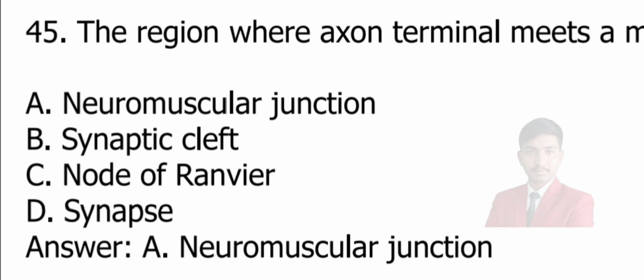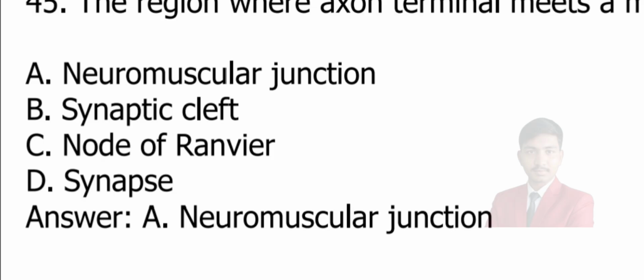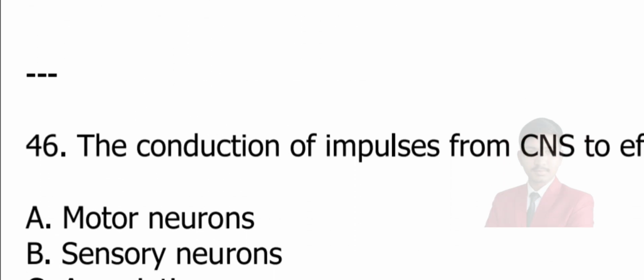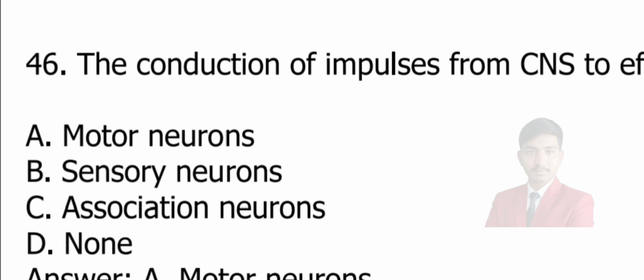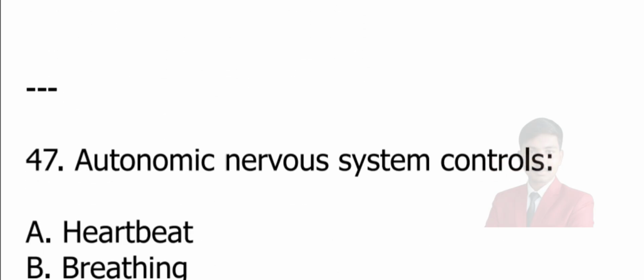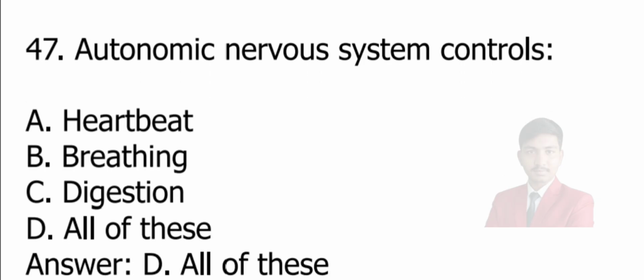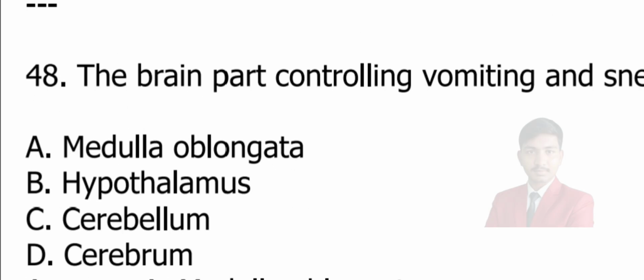The region where axon terminal meets a muscle fiber is called neuromuscular junction. The conduction of impulse from CNS to effector is through motor neurons. Autonomic nervous system controls heartbeat, breathing, digestion.